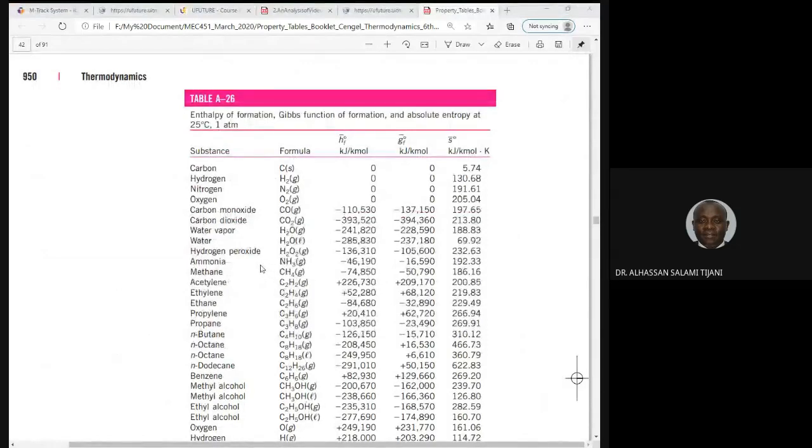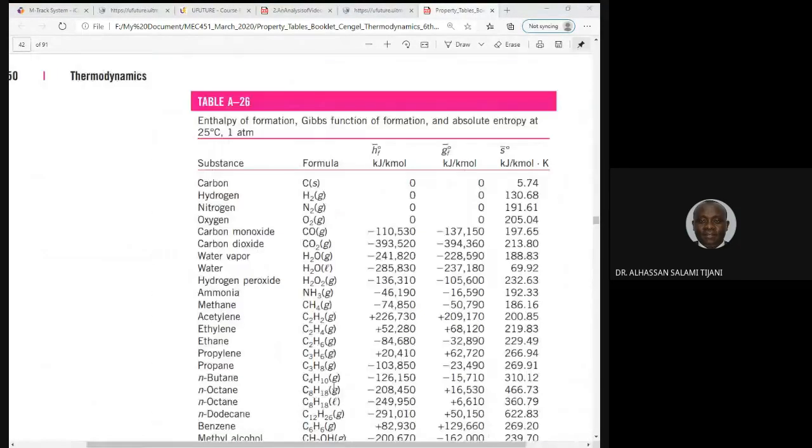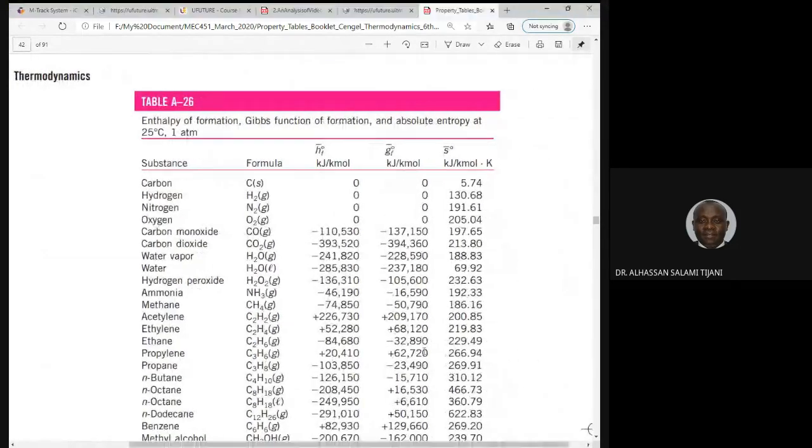You see that in this table we have the enthalpy of formation. Enthalpy of formation for carbon is equal to 0. Enthalpy of formation of hydrogen is 0. Because all these elements exist in their natural state.